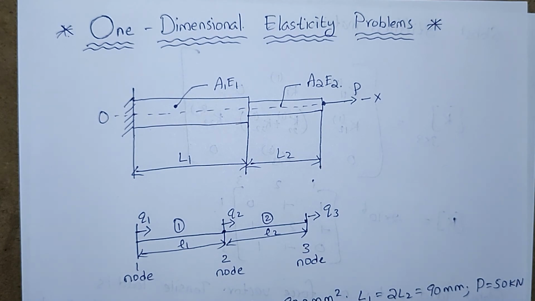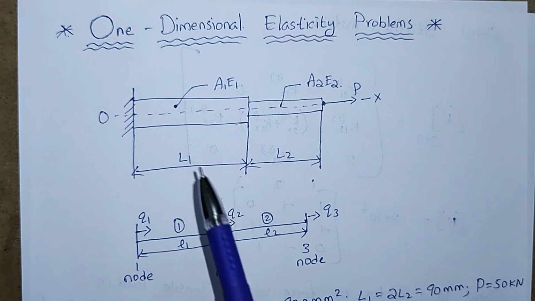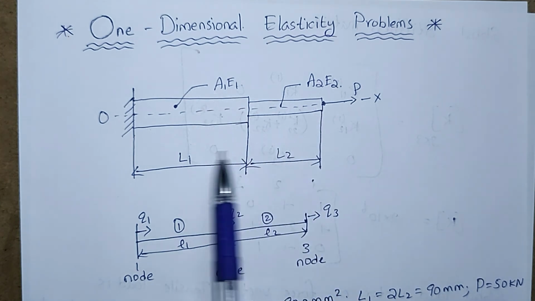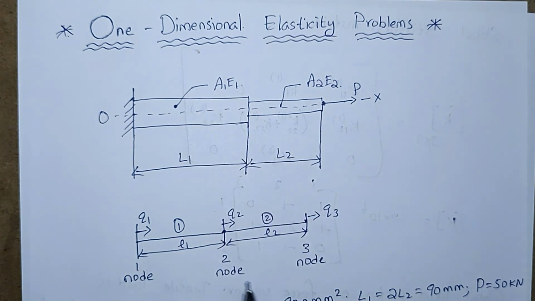So read the problem properly, understand the diagram, how we can break the diagram, plot the area, length, elements and nodes. Next go for the discretization, and next start writing the stiffness matrix and load vector for element 1, and the stiffness matrix and load vector for element 2, and proceed with the problem.